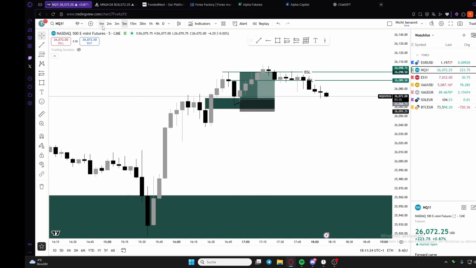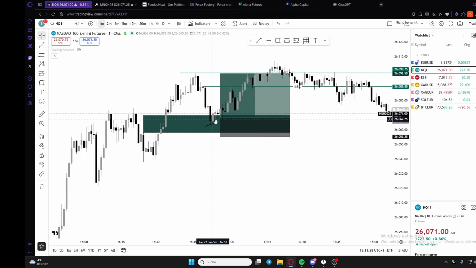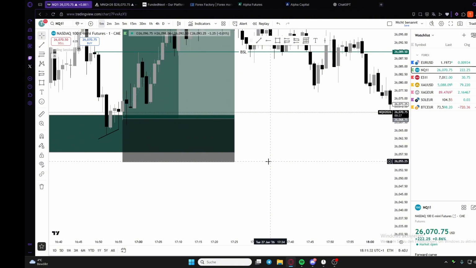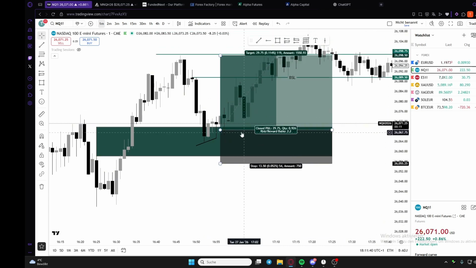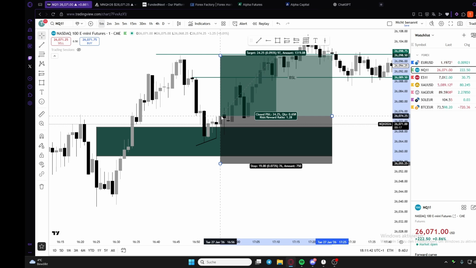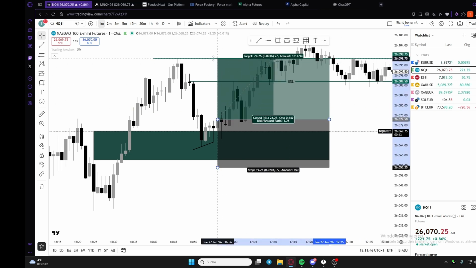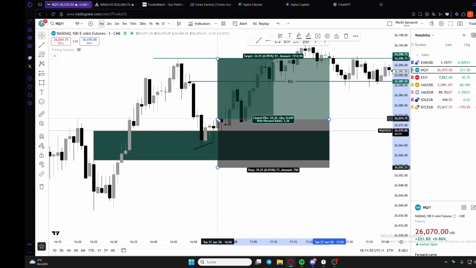So I was like, okay, let me wait for a little bit more of a retracement, because I wanted to enter. I was considering it, but I was waiting for a break of structure, and we got our break of structure right here. This candle broke structure, but it was a little bit too high, because if you see, the trade would be like this basically, 1-2-6, and basically it's a 1-2-0 risk reward.